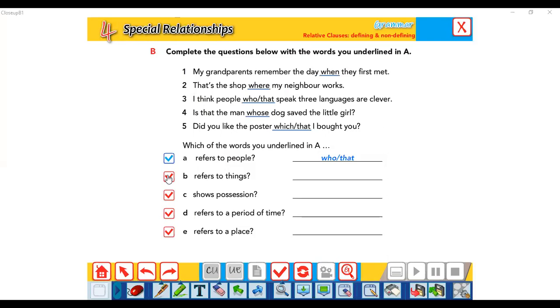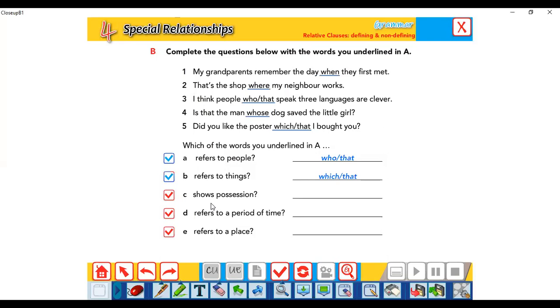Which one do we use to refer to things? We can also use it with things. Yes, but we don't use it for things. We use it for something else. We're going to say it after this question. But which one do we use to refer to things? Yes. Which and that.